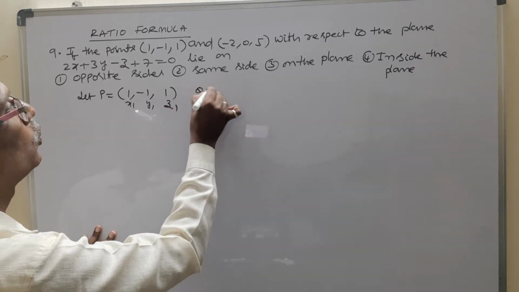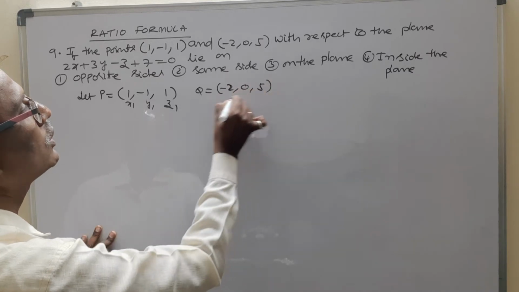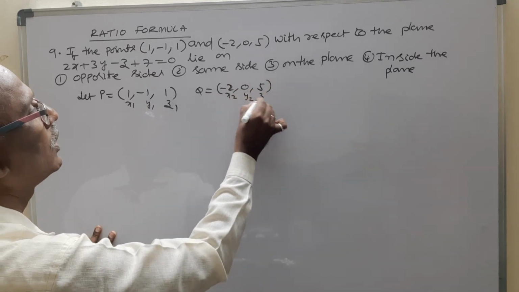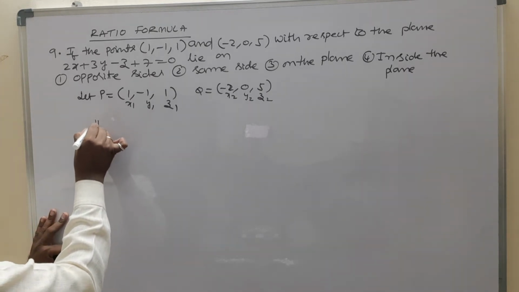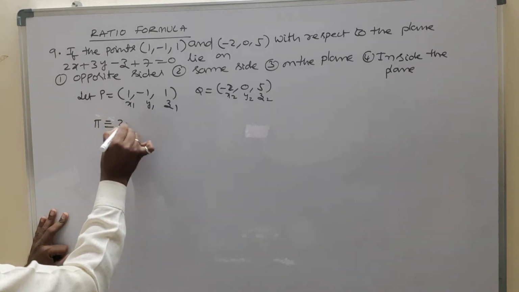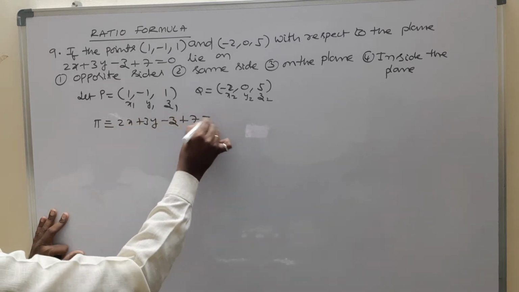Q = (-2, 0, 5). These coordinates are x2, y2, z2. Here the equation of the plane is represented by pi: pi = 2x + 3y - z + 7 = 0.